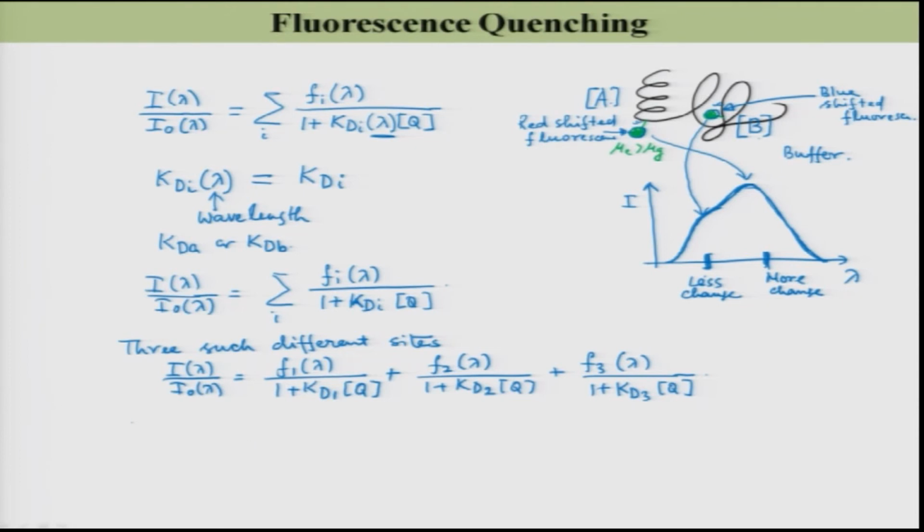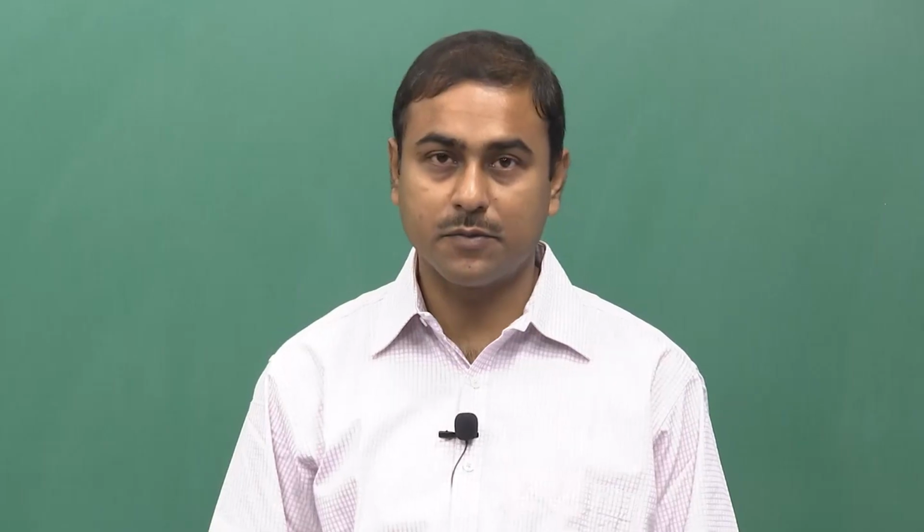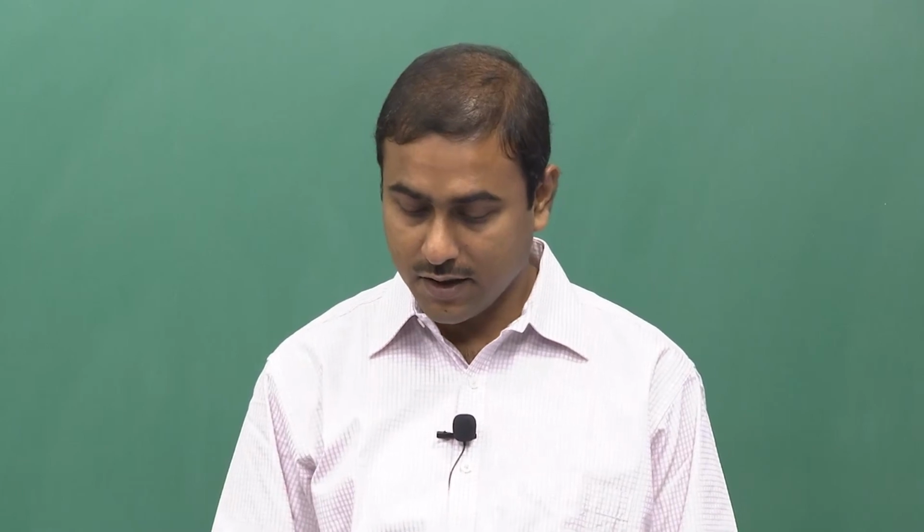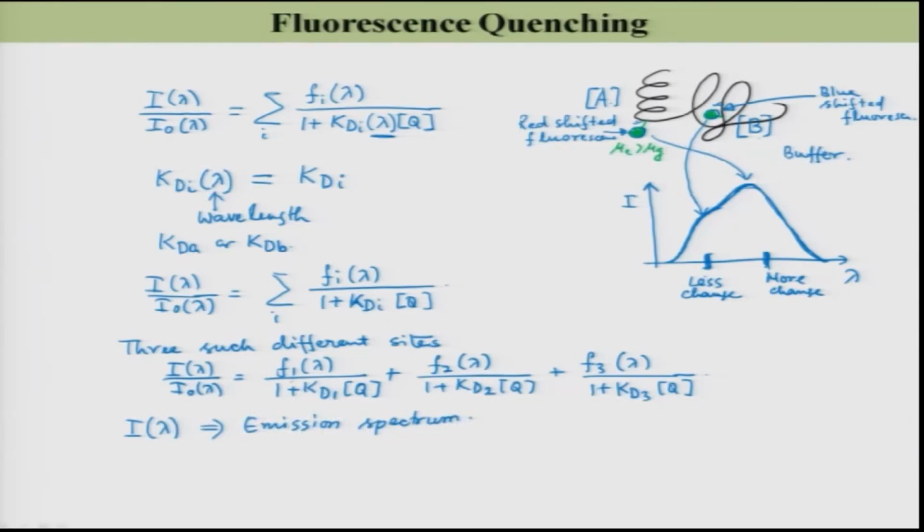Now, if I lambda denotes my emission spectrum, this I lambda has the component of 3 different species. In this case, you see, this is for F1, F2 and F3, right.